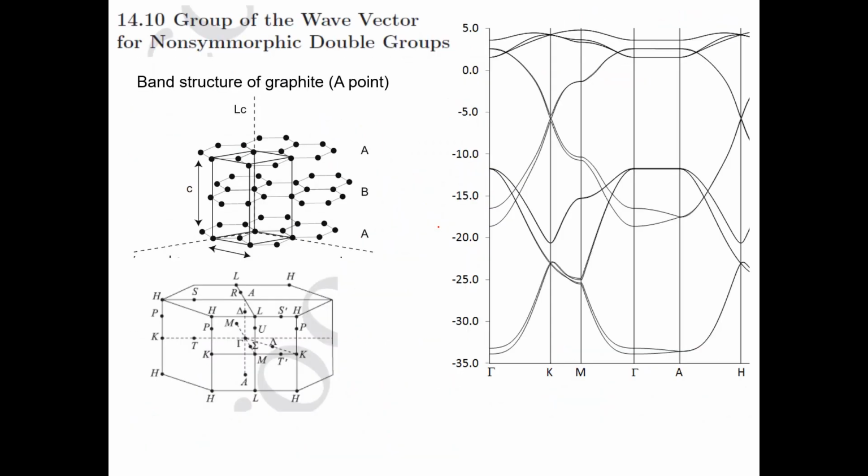Finally, let me end with a discussion of the effects of double groups and spin orbit coupling in non-symmorphic groups, and specifically on the bands that stick together in some high symmetry points of the Brillouin zone because of glide planes and screw axis operations.